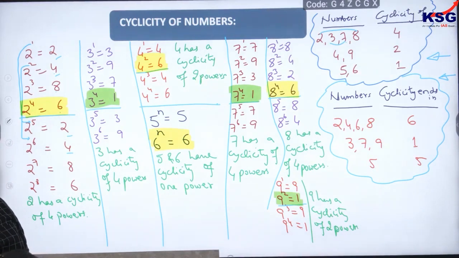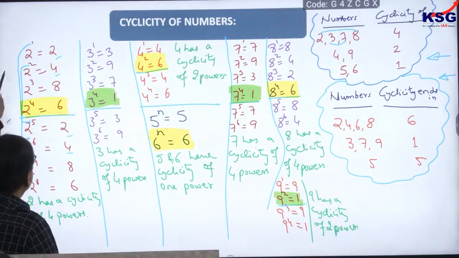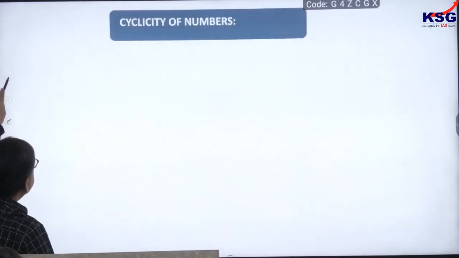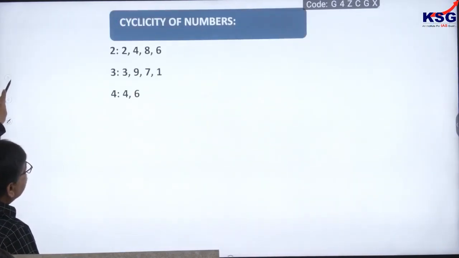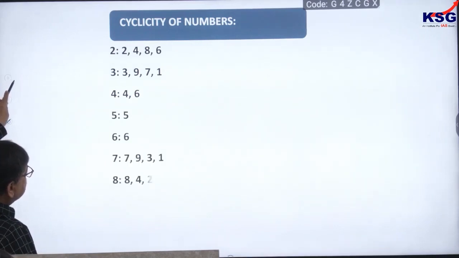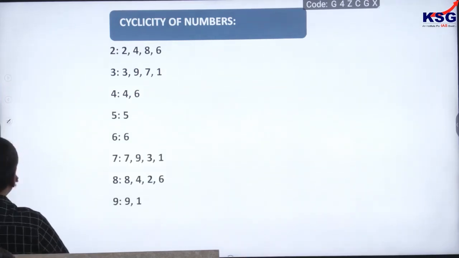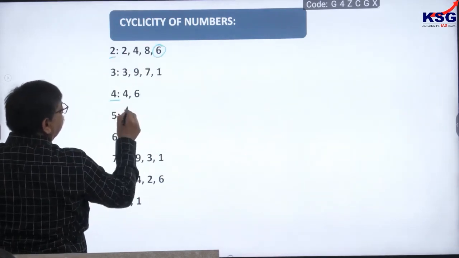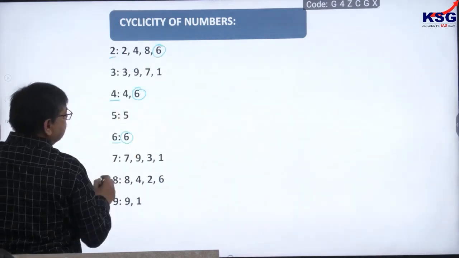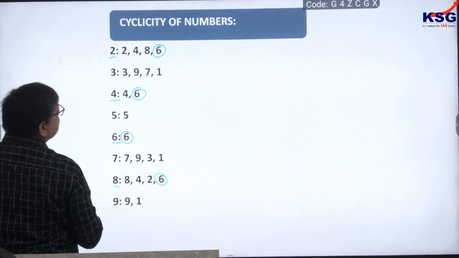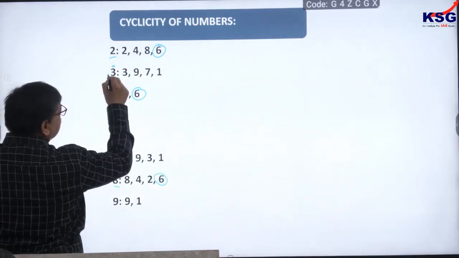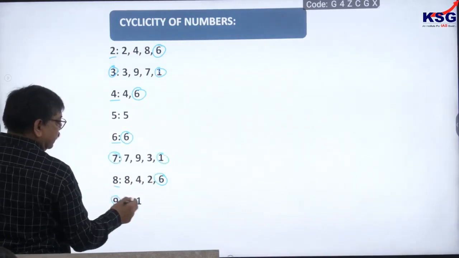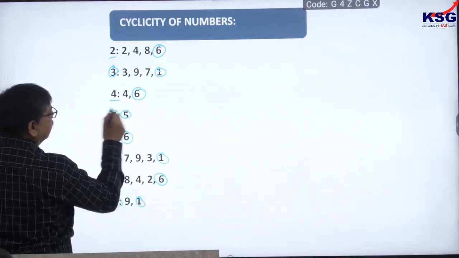Now, how to solve questions? Let's have a look at some examples before we jump on to the actual questions. This is a revision. You understand this? 2, 4, 8, 6. 3, 9, 7, 1. And finally 5.